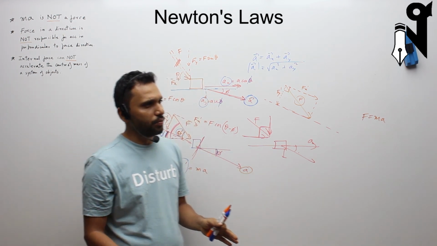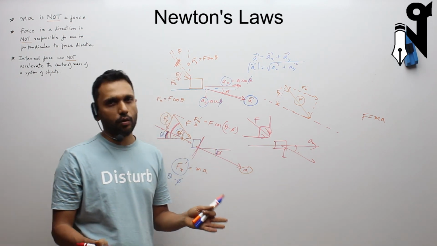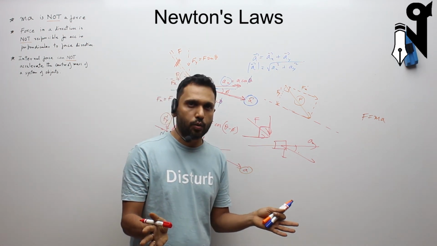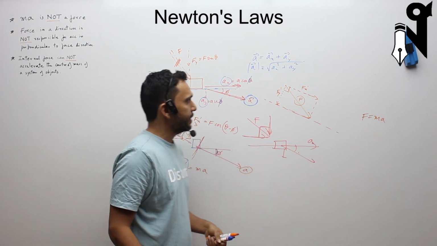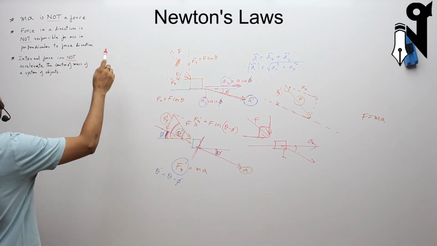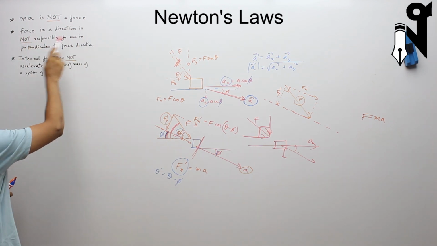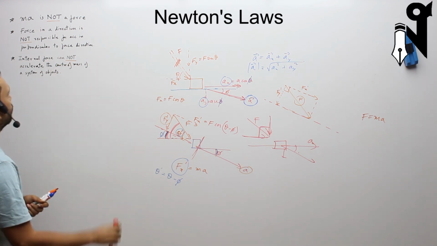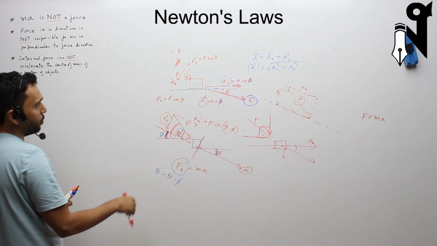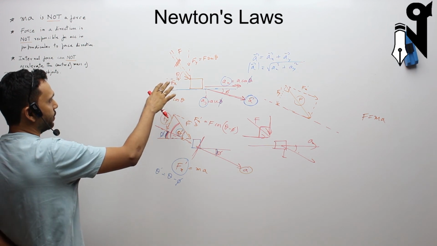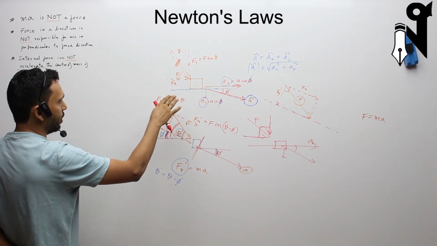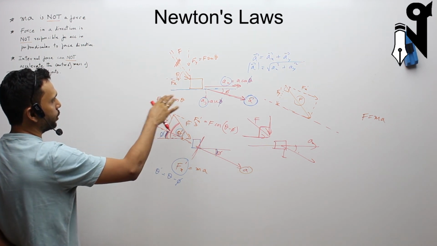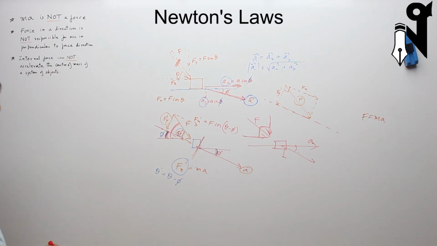Many times we have more than one option, and both the options are equally short or long. So that is this point. A force in a direction is not responsible for acceleration perpendicular to the direction of force. So you will break in a direction perpendicular to the direction of motion and along the direction of motion.